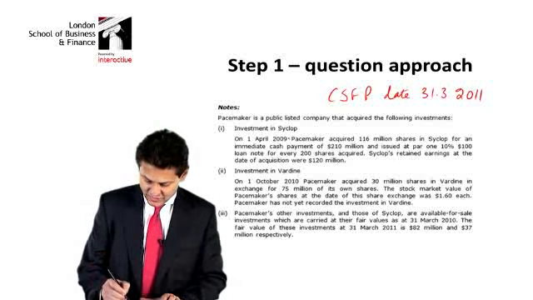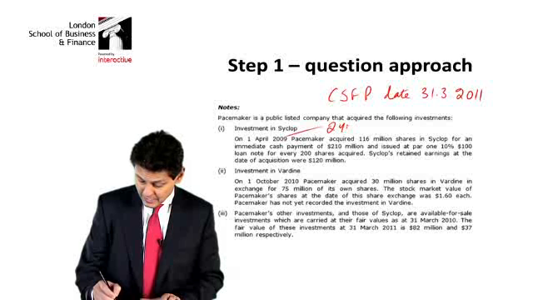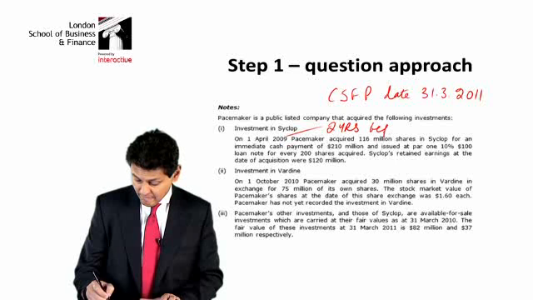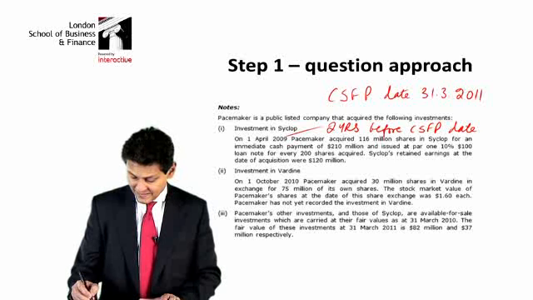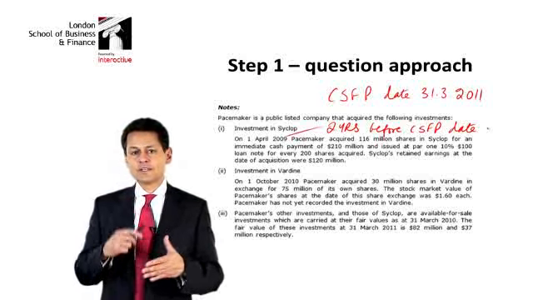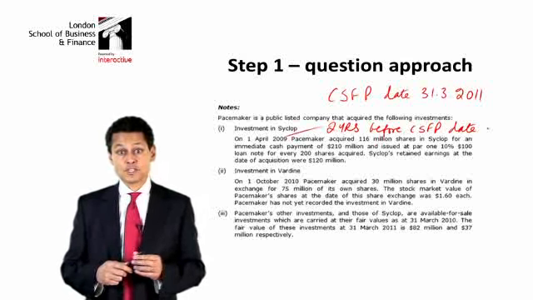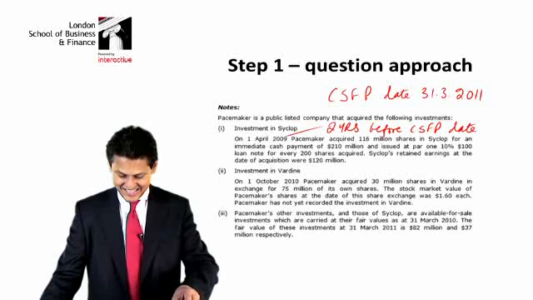So the 1st of April 2009 feels like 2 years before the CSFP reporting date. So you've got to be careful with things like depreciation, accumulated depreciation on the fair value adjustment, etc., as I'll show you.